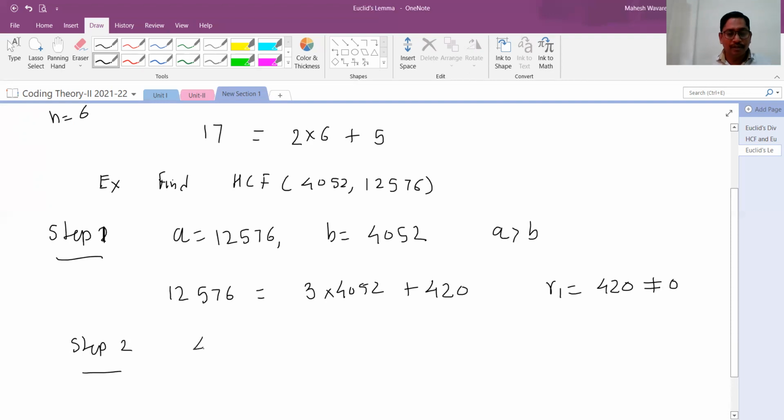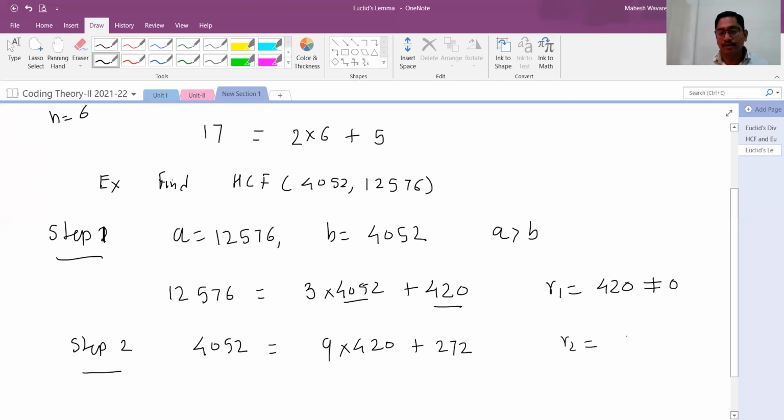The divisor of the earlier step, 4052, becomes the dividend, and the remainder of the earlier step becomes the divisor. So 420 occurs 9 times in 4052 and leaves remainder 272.